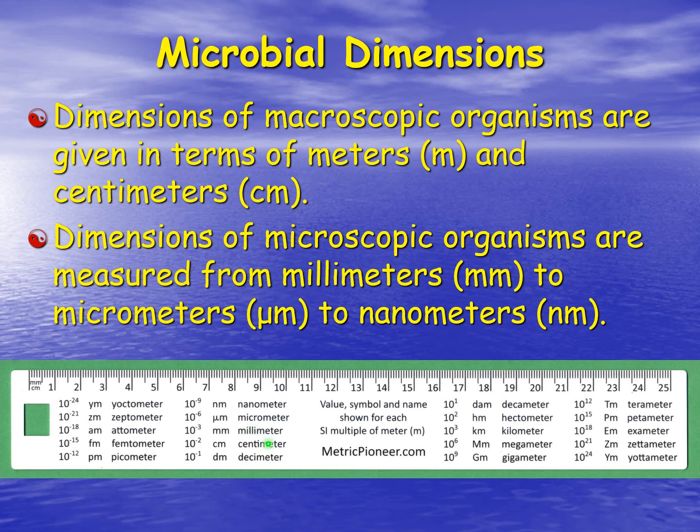So while we're looking at these values right here, we're looking oftentimes at centimeters. If you look at our ruler here, each one of the longer lines is a centimeter. You'll notice, however, that there are 10 little lines between each of the longer lines. Each one of these is a millimeter.